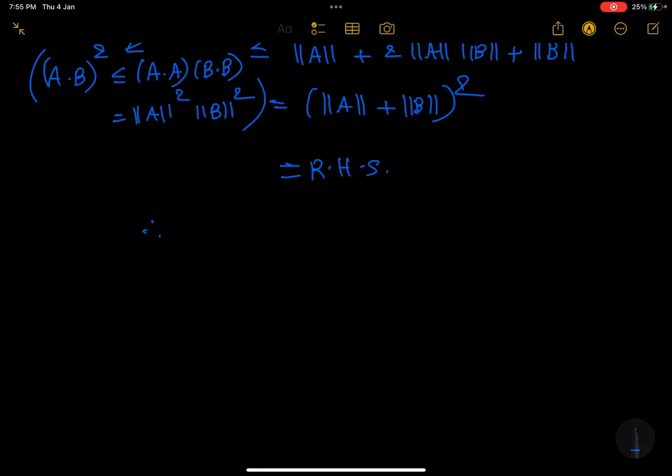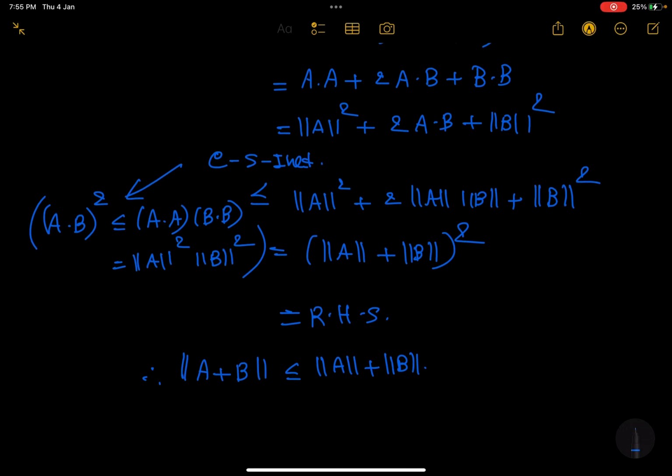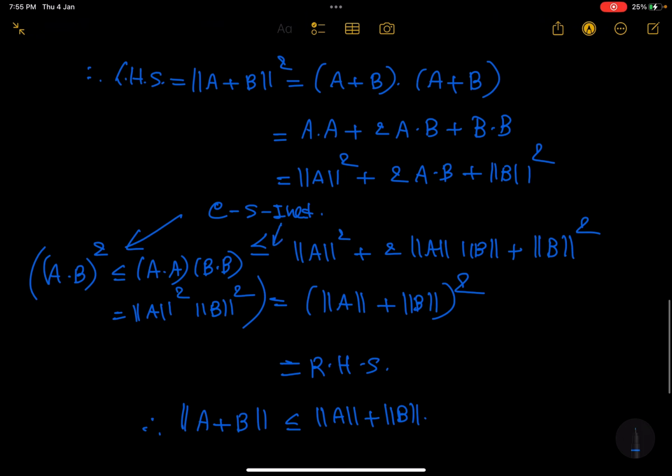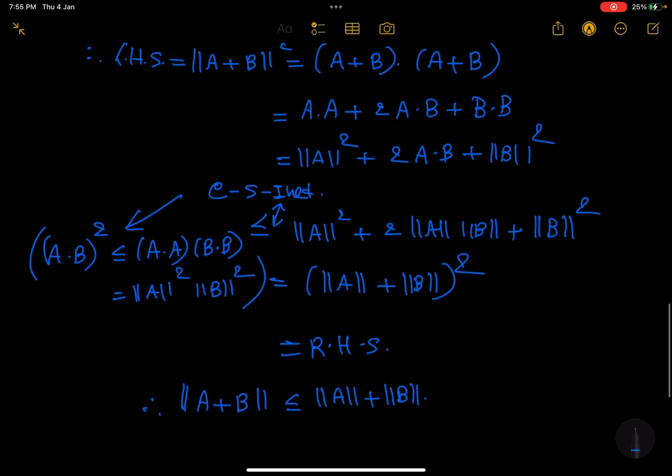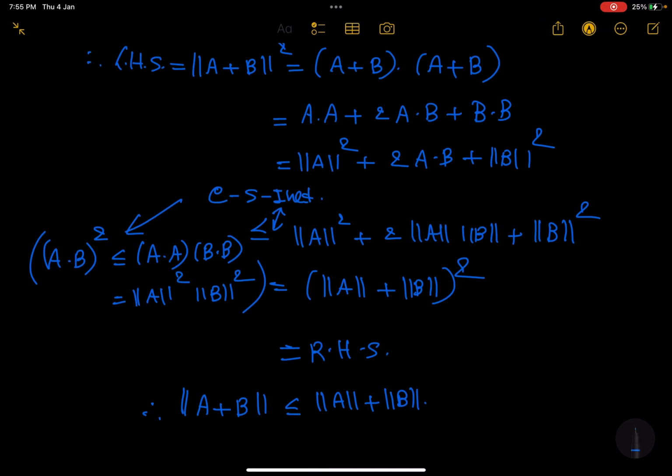So what we proved is that norm of A plus B is less than or equal to norm of A plus norm of B. Now if the equality holds, from here only we have got an inequality; before this there was equality. If this is equal to this, that means this whole square is equal to this whole square and vice versa. If x is equal to y, then x square equals y square, and at least for non-negative x and y, which is the case here, if x square equals y square, then x equals y also. X square equal to y square means this has to be equal in this step.